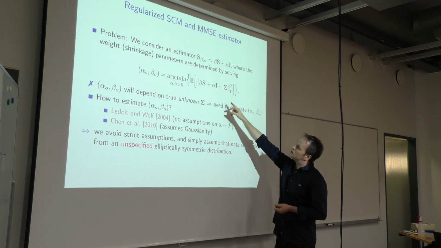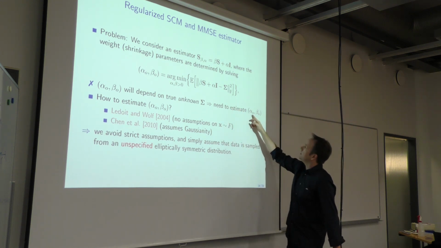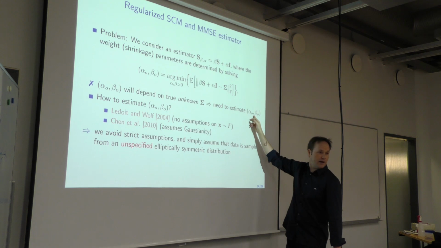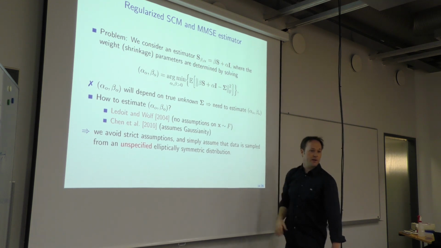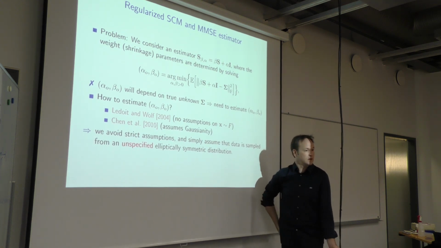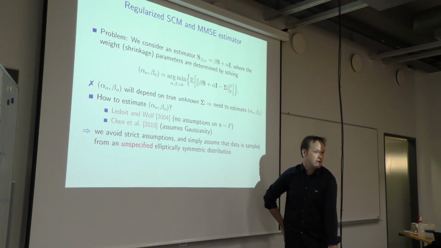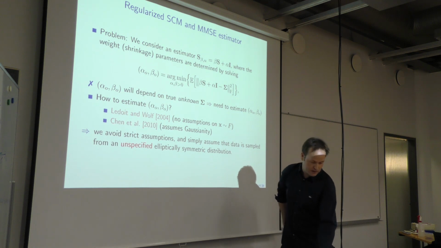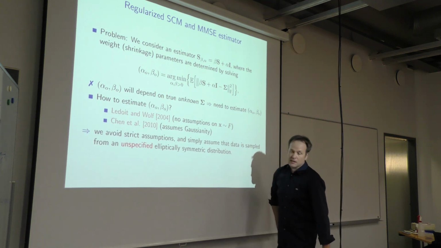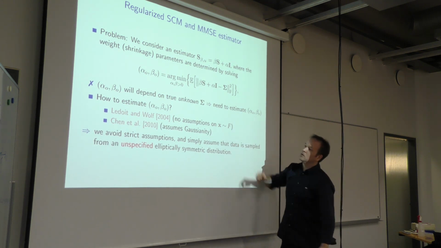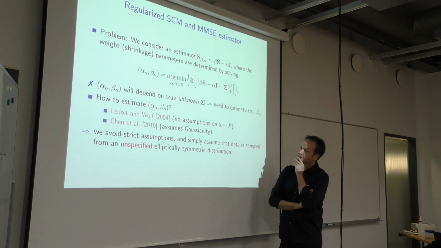But of course, if you solve that problem, then these weights will depend on the unknown covariance matrix. So it will not be much help, because those are oracle values which you cannot use because they depend on the unknown parameter. And this problem was solved by Ledoit and Wolf in their original paper.